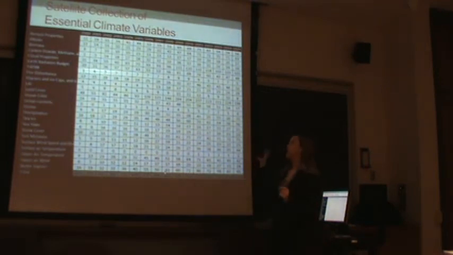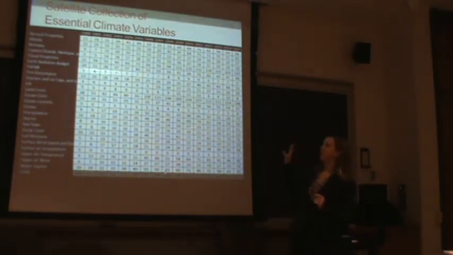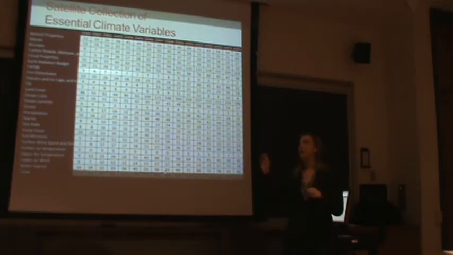This slide is very hard to read, but what it's showing is that the UNFCCC came up with a list of essential climate variables. These are things that we need to measure. And then one of these international groups came up with a list that specifically can be measured from satellites. So that's these.